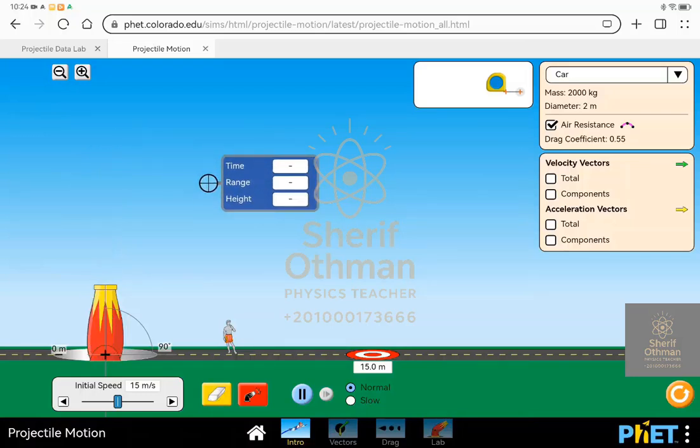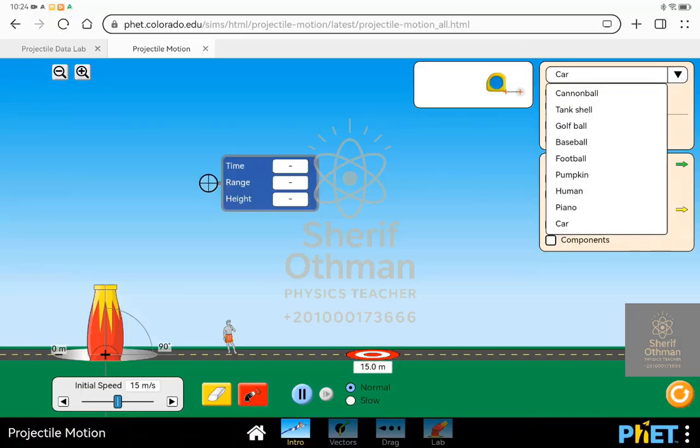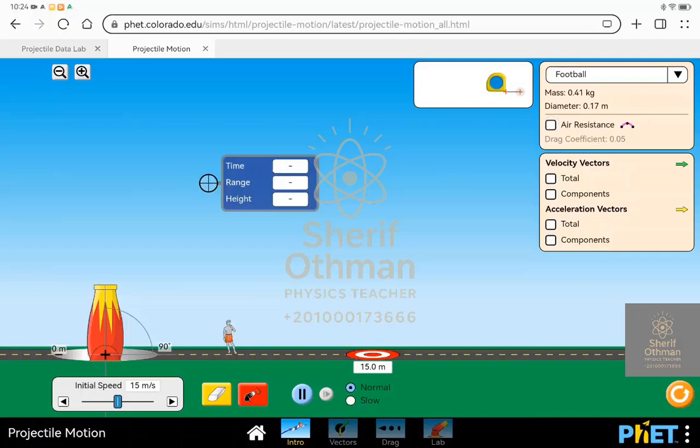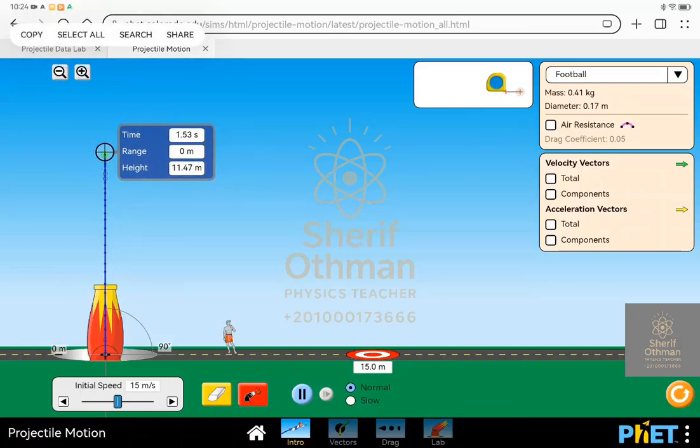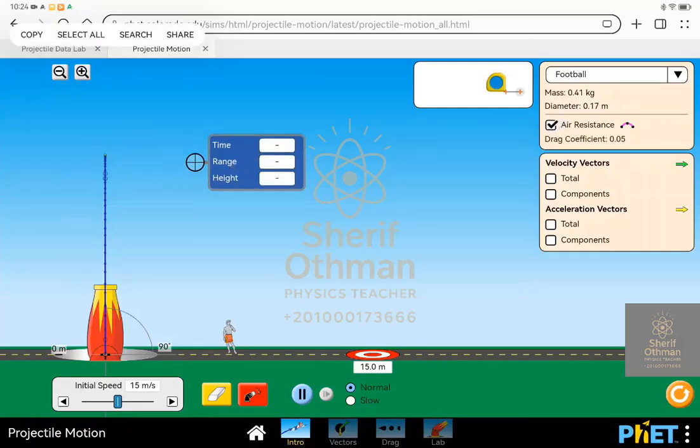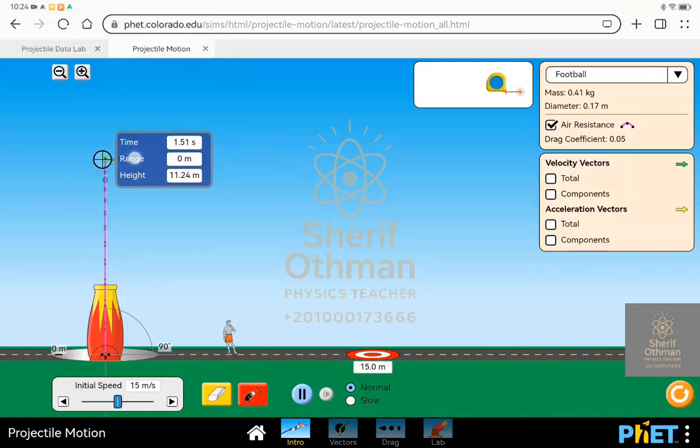While if we projected another object, which should reach 11.47 when there's no resistance, because I'm projecting them with the same force, and I include the air resistance in the process, this ball will reach 11.24.